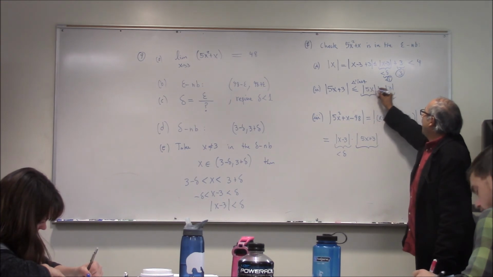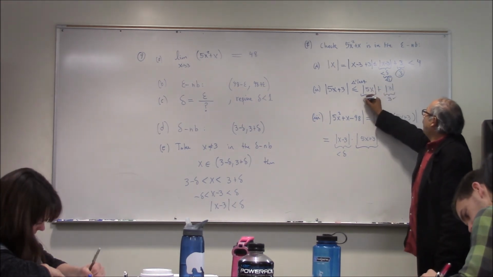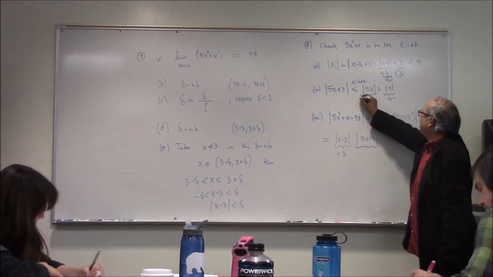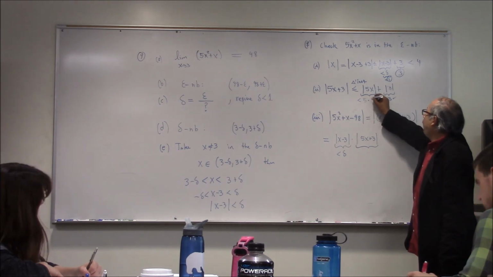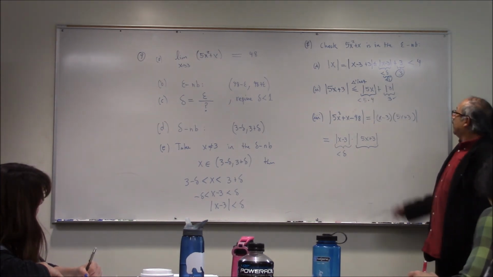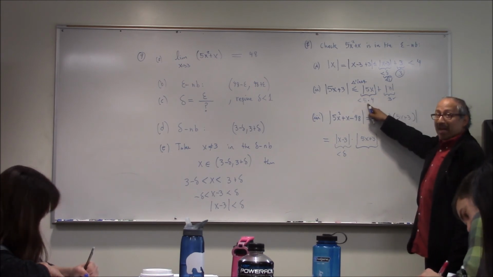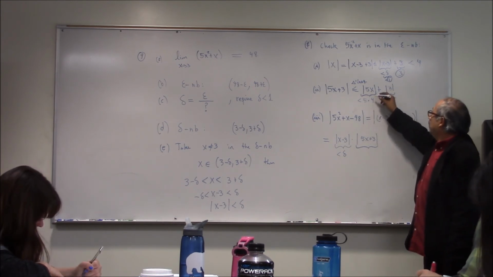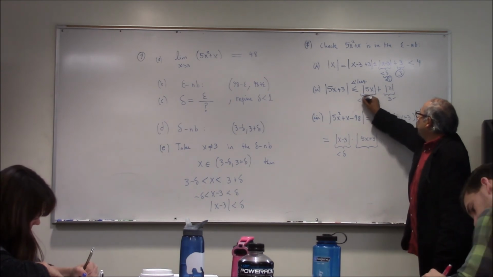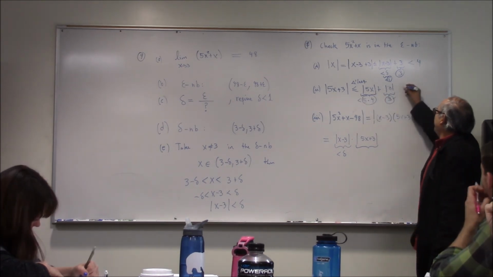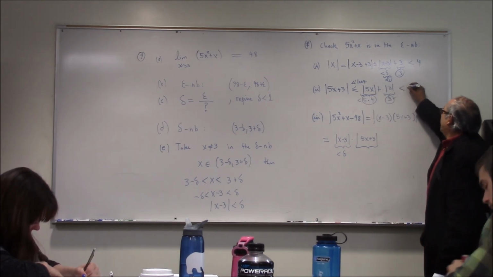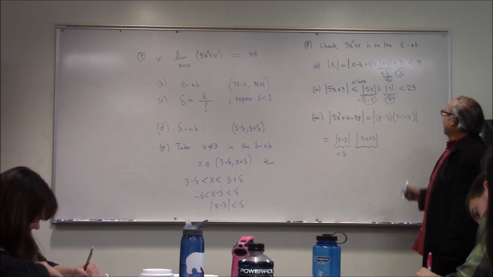This is 5 times x, right? So this will be less than 5 times 4. Do you agree? Yeah. If x is less than 4, 5x will be less than 5 times 4, which is 20. So 20 plus 3, that's less than 23.